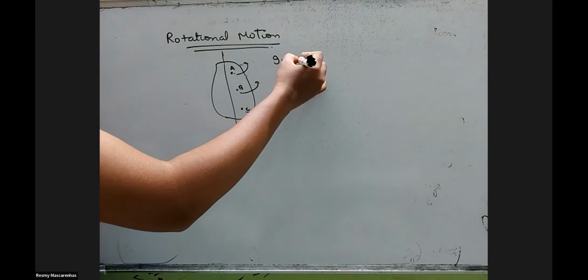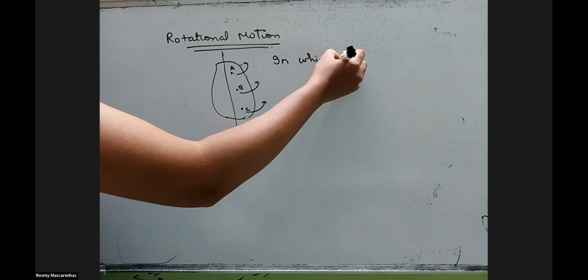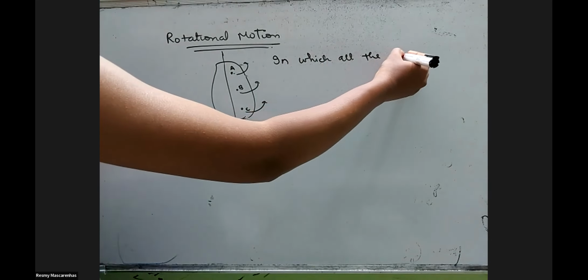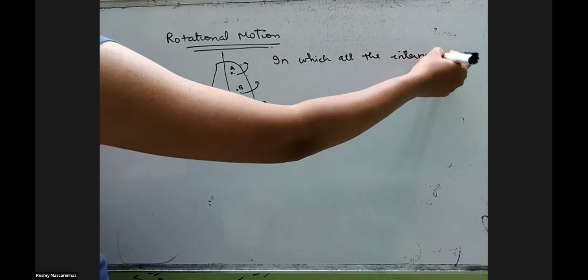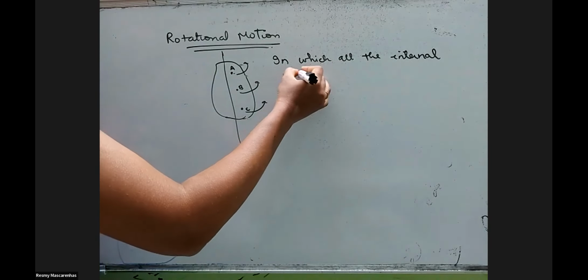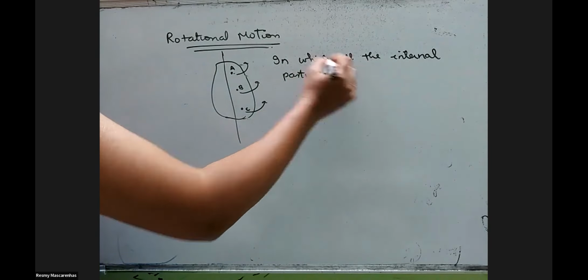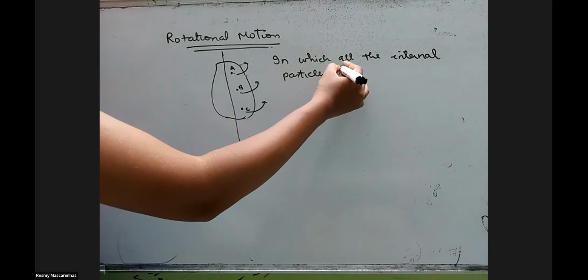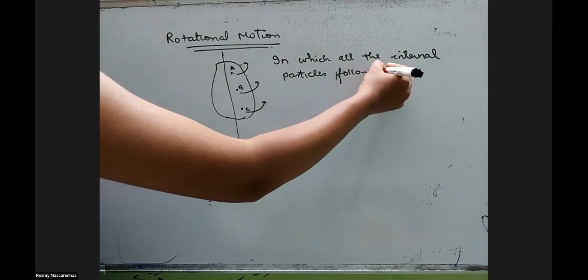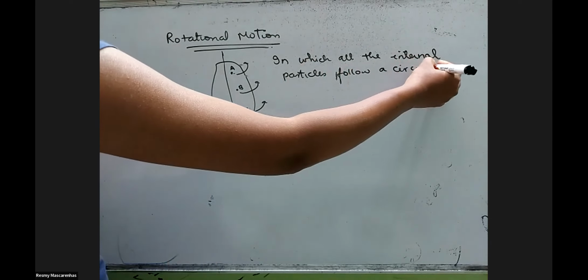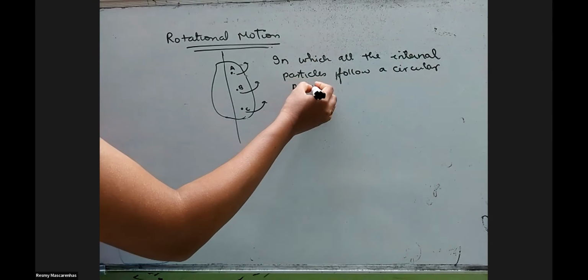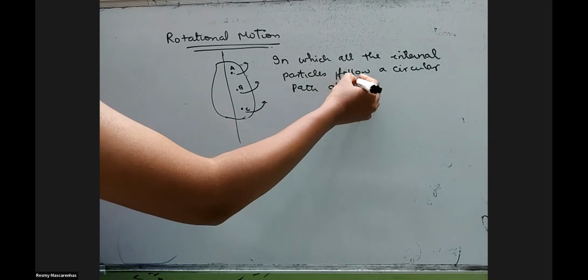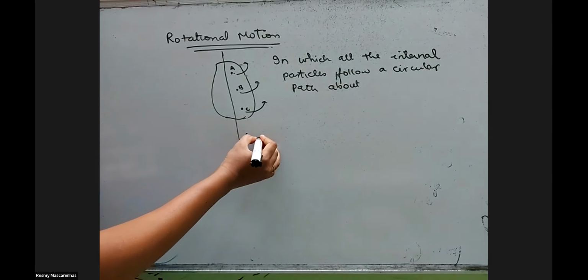Rotational motion is one in which all the internal particles follow a circular path about a fixed axis.